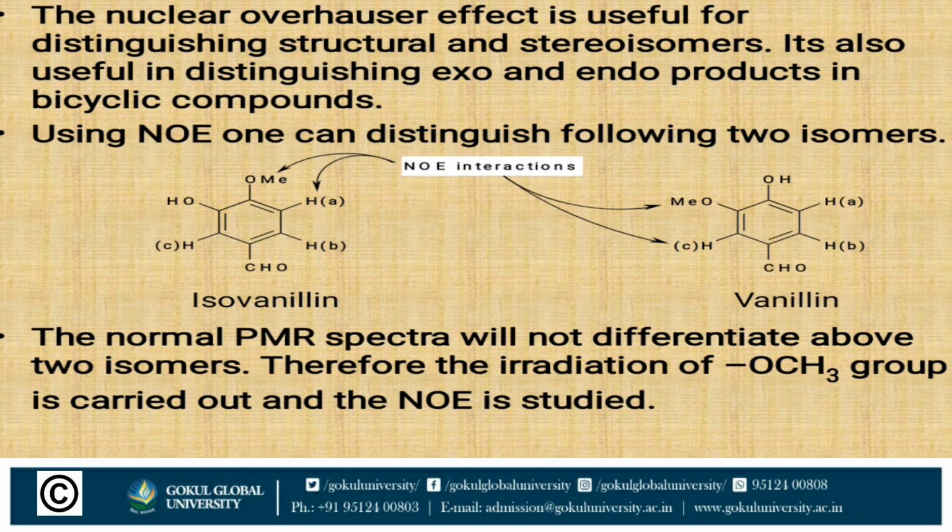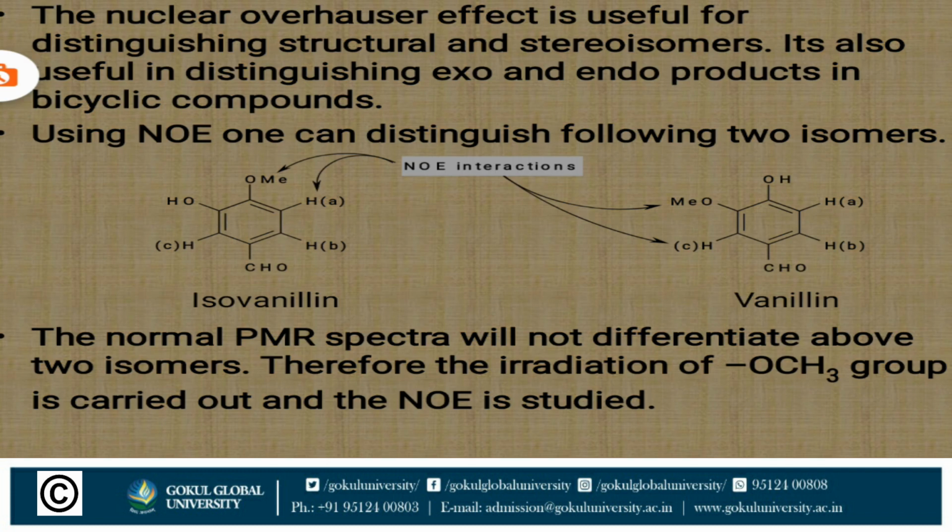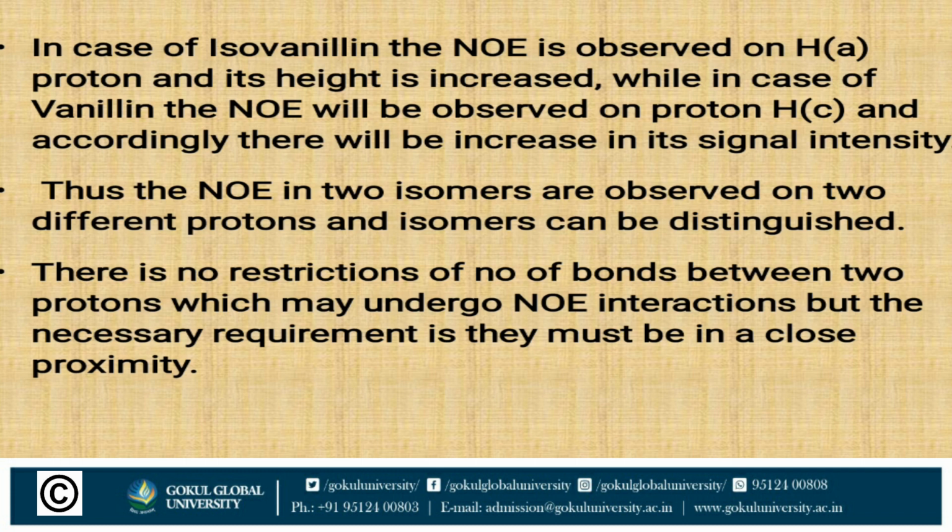How this really affects, we show in another slide. In case of isovanillin, the NOE is observed on the Ha proton and its height is increased. While in case of vanillin, the NOE will be observed on proton Hc. We know Ha and Hc are the neighboring protons of the methoxy group.